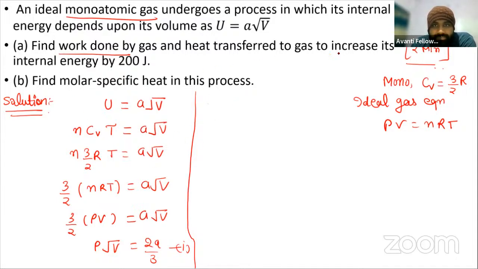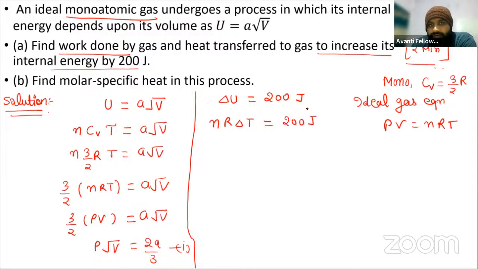It is also given that the internal energy increases by 200 joule. So delta U is given as 200 joule. Delta U can be written as nR delta T, which we can also write as P2 V2 minus P1 V1, because P2 V2 equals nRT2, and taking the difference gives P2 V2 minus P1 V1.